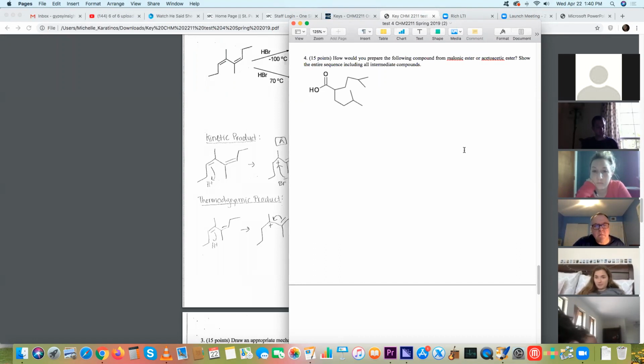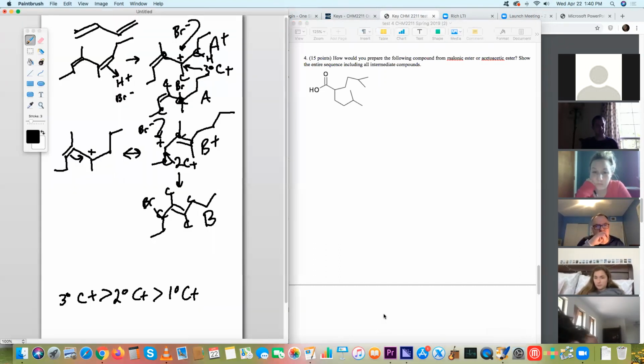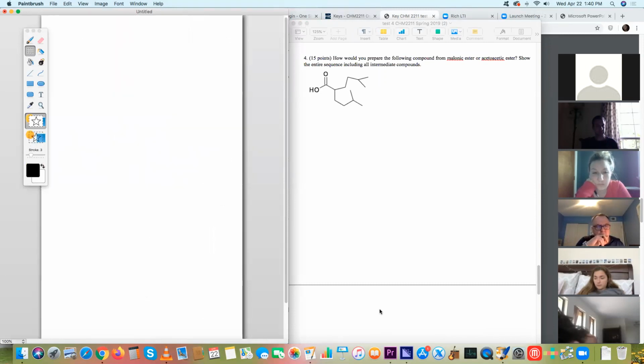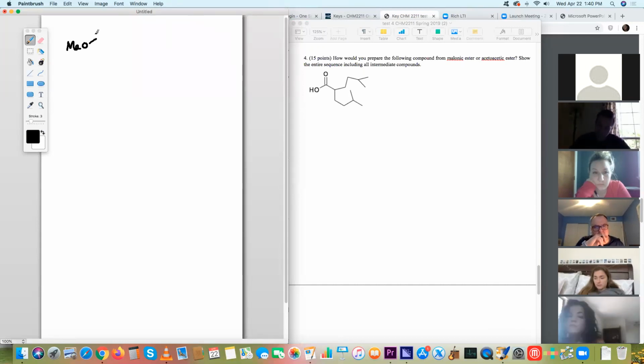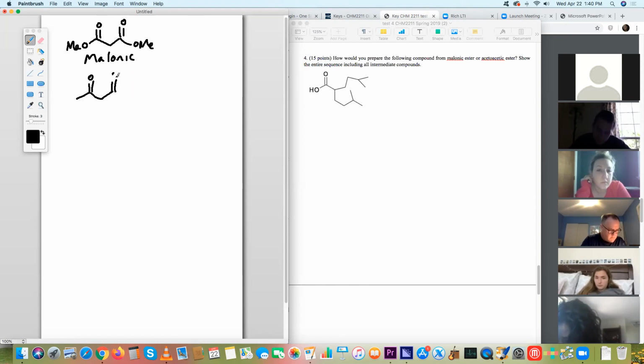So the two possibilities for starting materials are going to be as follows. That one's malonic. I'll just write malonic underneath it. The other one is acetoacetic ester, or AAE.